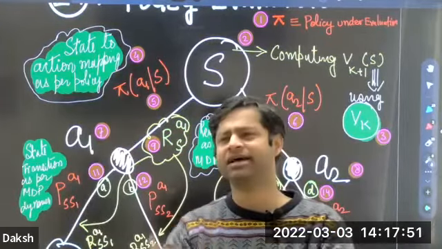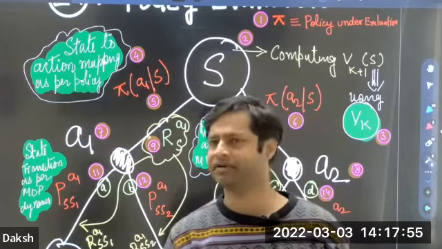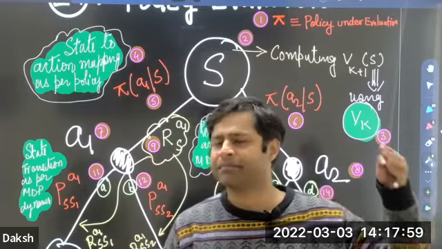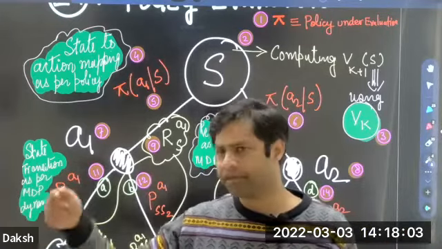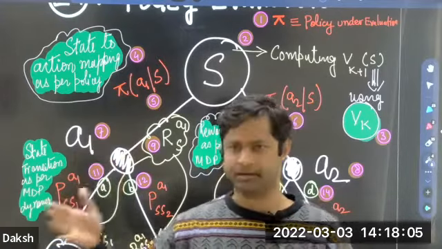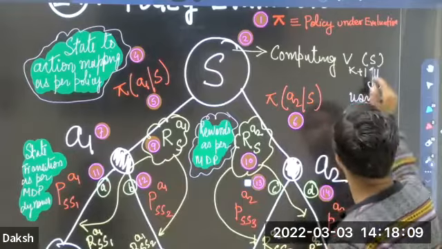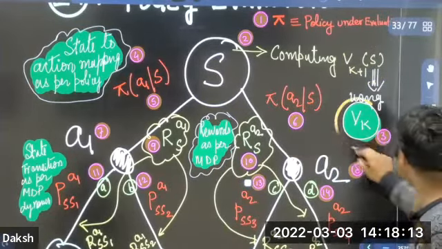We are trying to estimate it in the best possible way using our recursive definition that we have seen, that vk plus 1 is going to be derived from vk, at state s. So this is the thing that we are actually looking at, how to get this using vk.